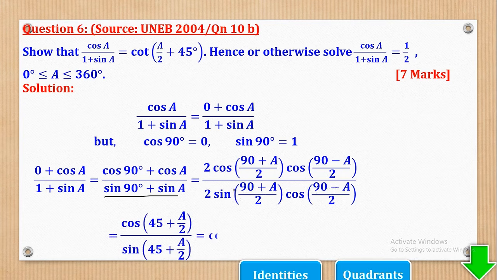Then next we shall split the numerator. When I split the numerator, for example, this and this cancels first of all. Then for this one, 90 over 2 is 45. Then A over 2 is this A over 2. The same applies for the denominator. Now cos over sine is cot. That is why you see here cot, and basically that's what they wanted.